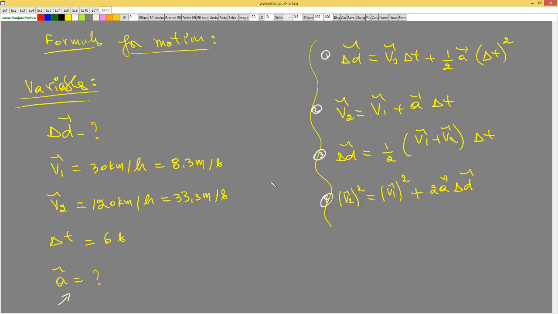So, applied. I have it written. We have to put direction because the velocity is a vector. So I'm going to put forward, and this one also. If they don't say it, it is forward.